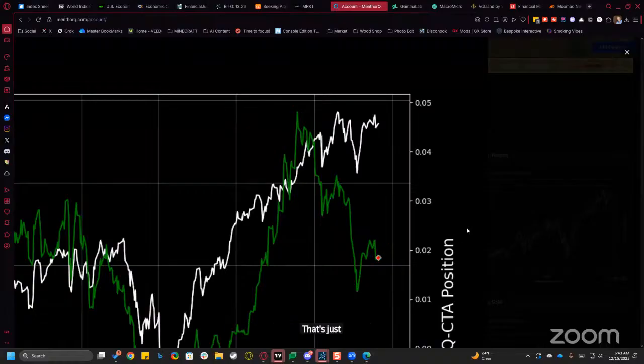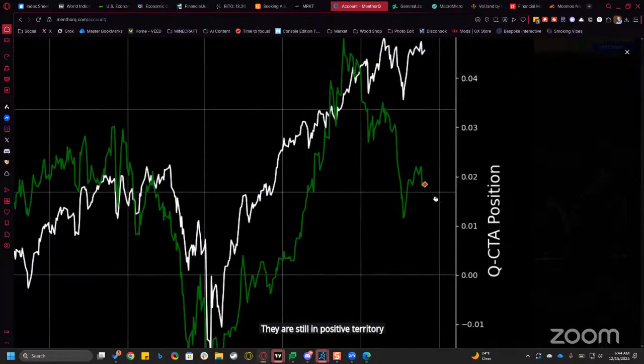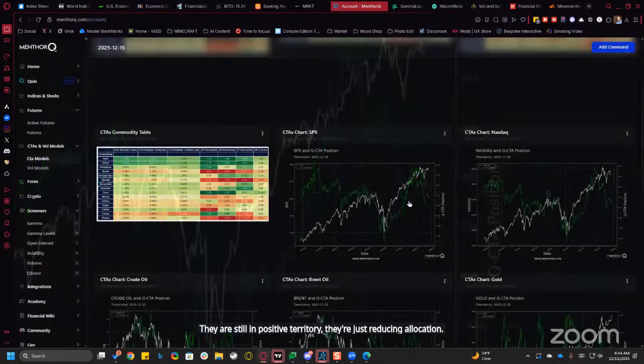That's just basic technical analysis 101 stuff, right? All the candle books kind of teach that. So this leg down went a little further than the last leg down, and the pullback pulled back a little farther than the previous pullback. They are still in positive territory. They're just reducing allocation or reducing their holdings.